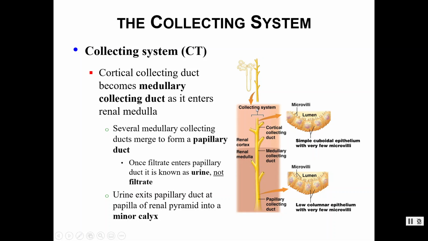So we're running through the cortex, so it's the cortical collecting duct. Oh wait, we're into the medulla now. Well, now it's the medullary collecting duct. And then, papillary collecting duct. Remember the papilla was the very bottom of the renal pyramids. So it's really just the same tube. The name just comes from the location.